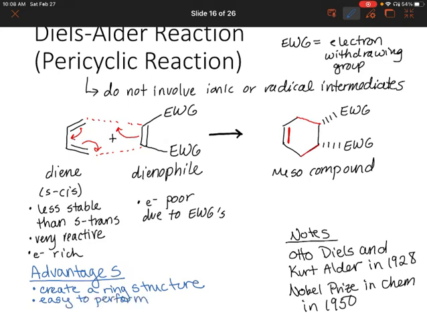So as you all saw in the Diels-Alder lab, really you just mix stuff together, turn on the heat, let it reflux, and you get your product. So it's really easy to create the product. But additionally, you can also control the stereochemistry of your product. So if you need to make a very particular molecule, that can be another advantage.